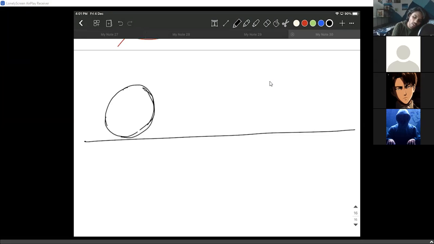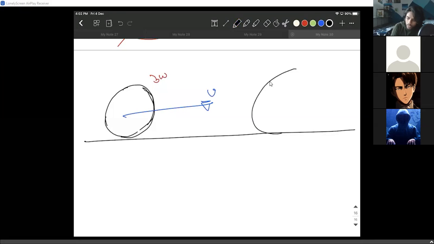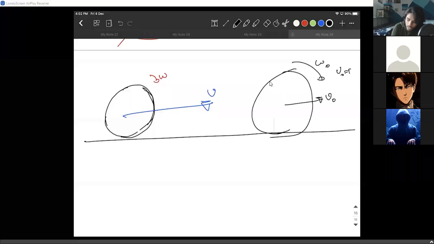So guys, I'm going to draw the diagram. Initially, there is high V and very small omega. After a while, it is going to enter into pure rolling. After a specific point, there is some V naught and some omega naught, such that V naught equals R omega naught.